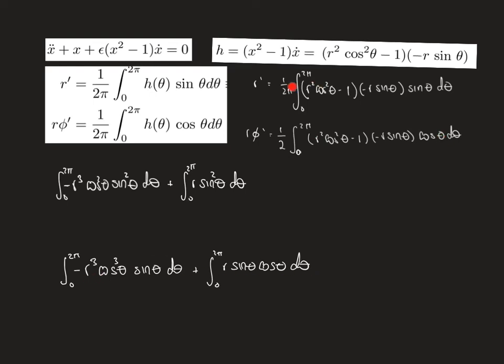So I split each integral in two, and now we have that for this integral this is equal to minus r cubed pi over 4. This is equal to r pi, and these two are actually 0.